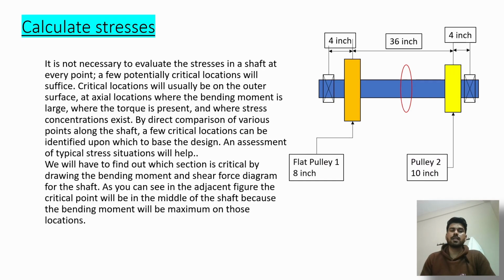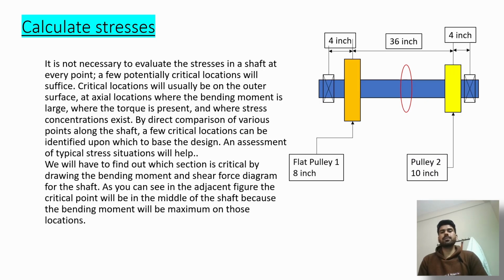Now moving to the next phase, which is calculate stresses. It is not necessary to evaluate the stresses in a shaft at every point. A few potentially critical locations will suffice. Critical locations will usually be on the outer surface, at axial locations where the bending moment is large, where the torque is present, and where stress concentrations exist.